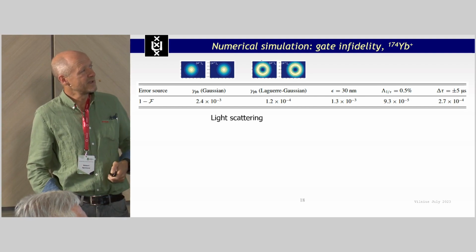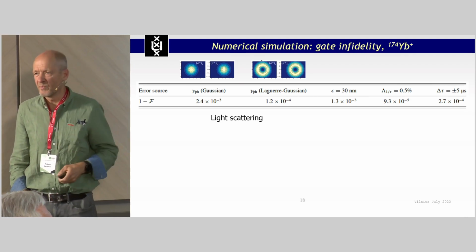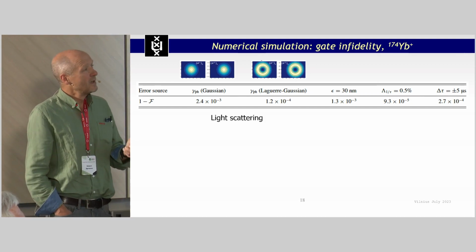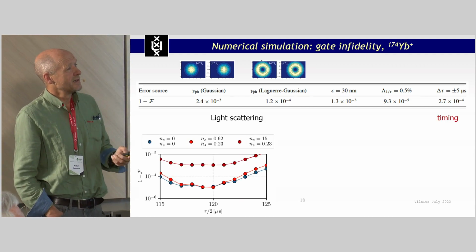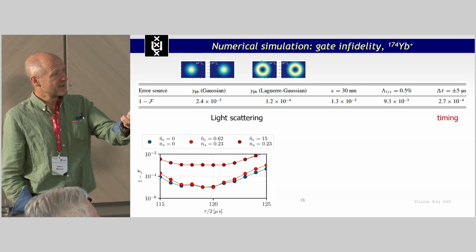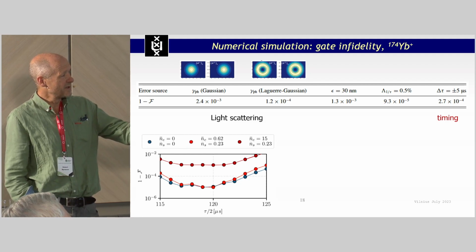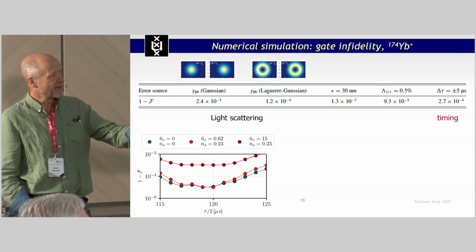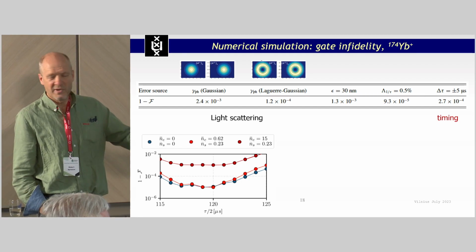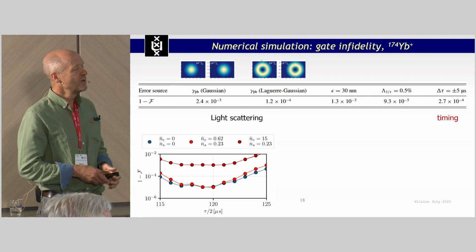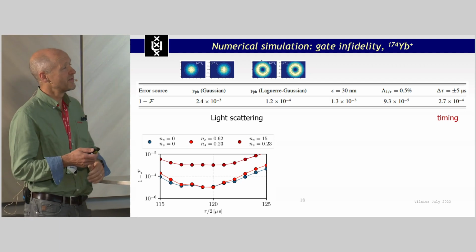And then this gets reduced by more than an order of magnitude, so that's good. We checked the sensitivity with respect to the gate time, and you see there is some minimum here at 120 microseconds. We tried this for different pre-cooling conditions of the ions.